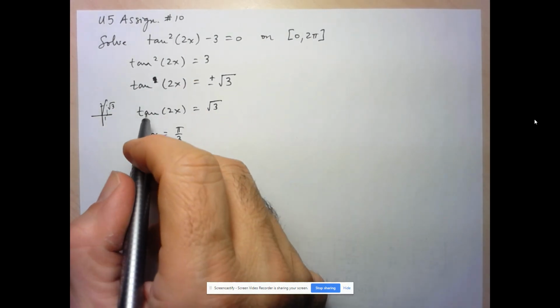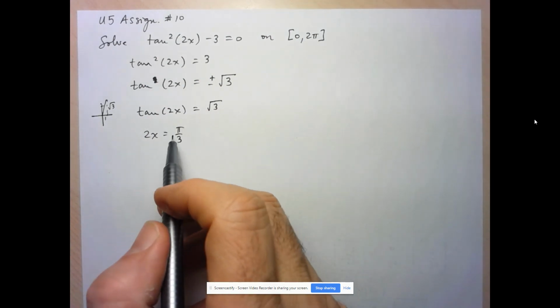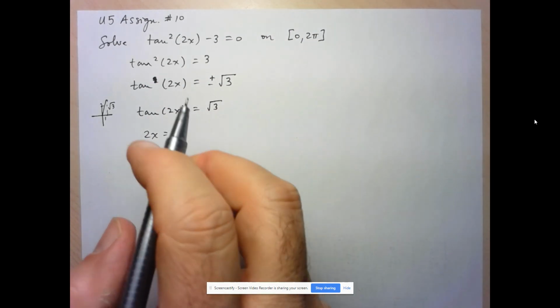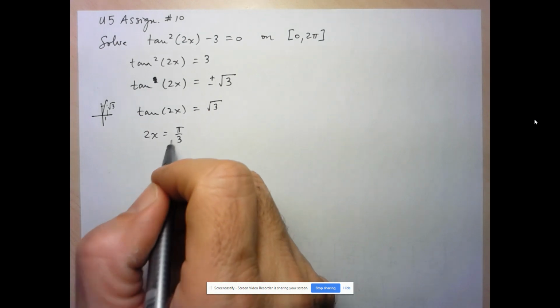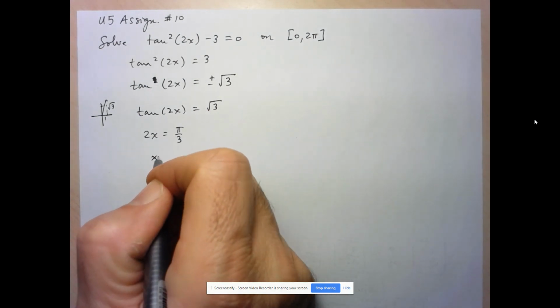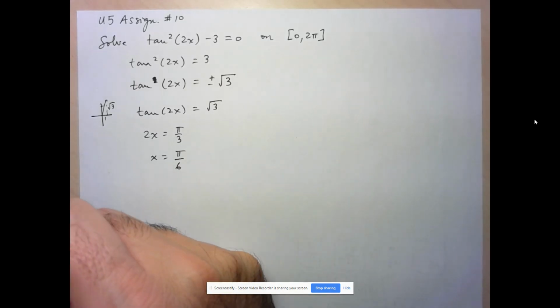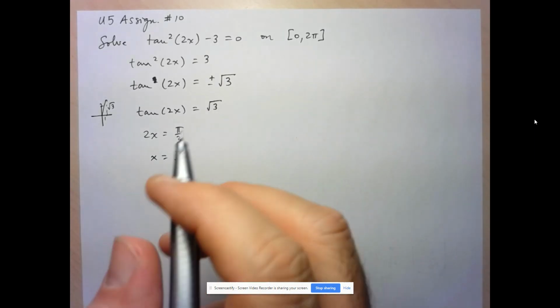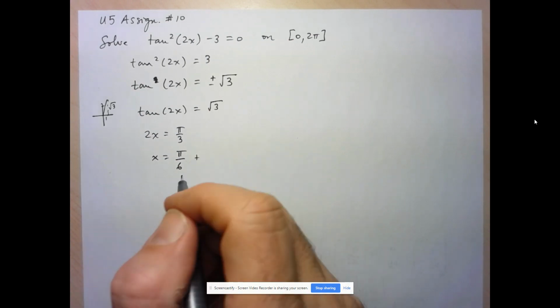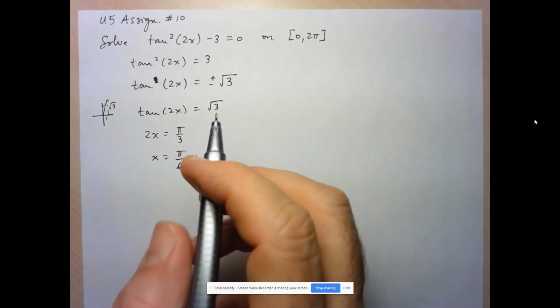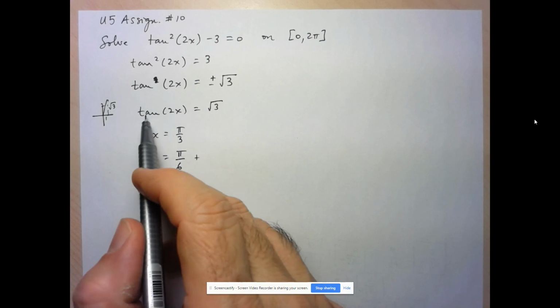Now remember, when we're working with tangent, we only need to take one base answer. So we've determined our value for 2x, and next I can just divide by 2 and get pi over 6 as our starting value. And then from there, we're just going to add multiples of the period of this trig expression.